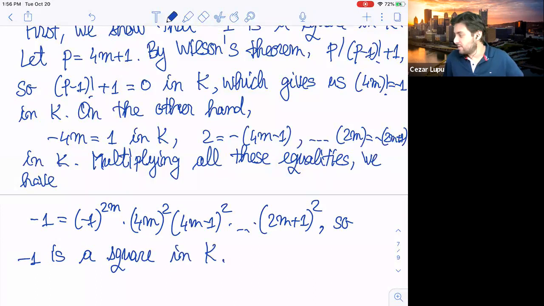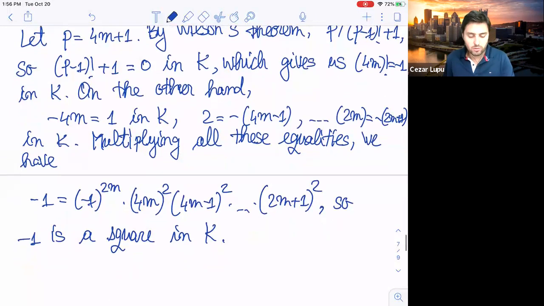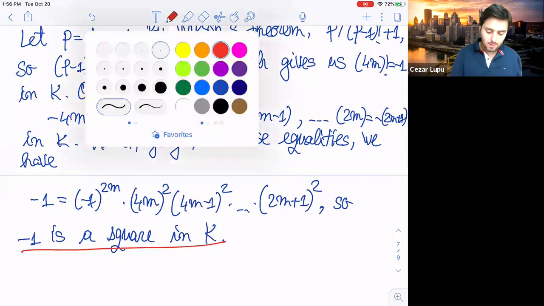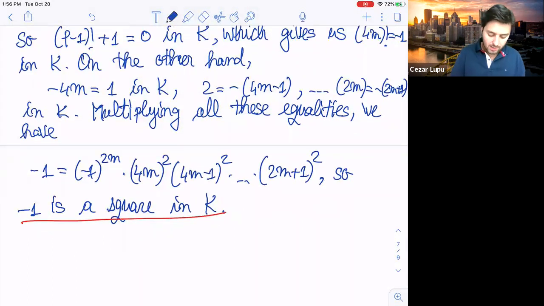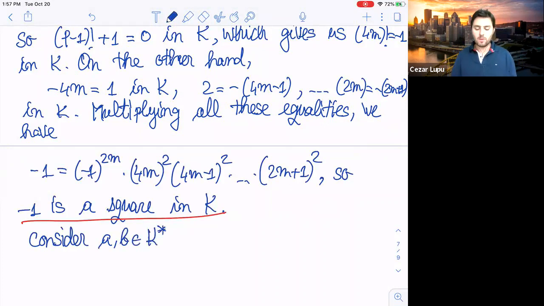And now let me just say the main idea on how to show that any element can be expressed as the sum of 3 squares, because we have to use this fact. Now we use the identities. Take any two non-zero elements A, B in K that commute, such that AB is the same as BA.